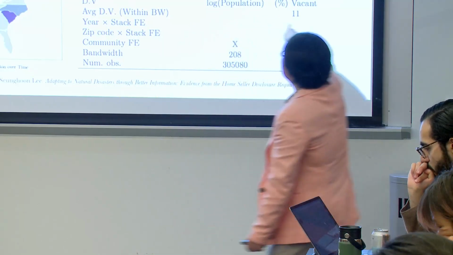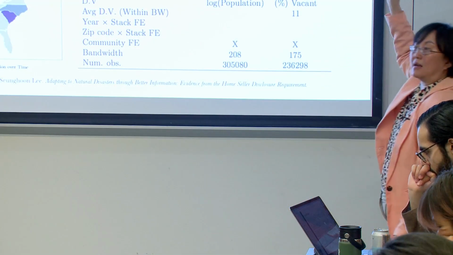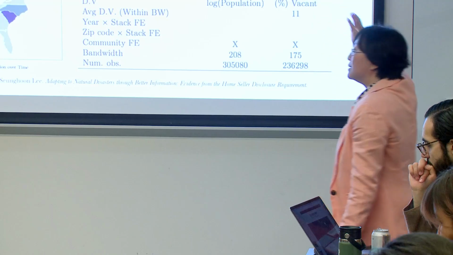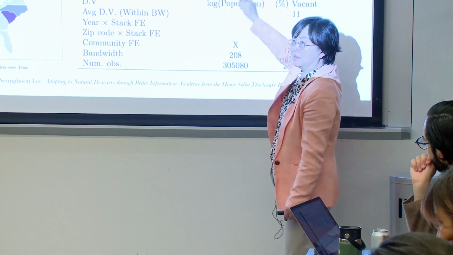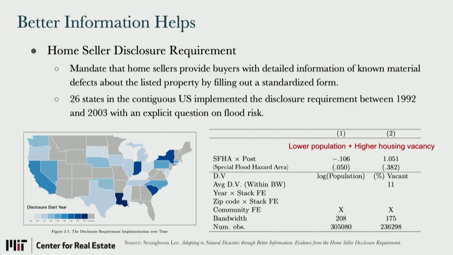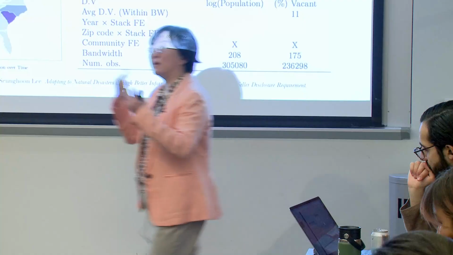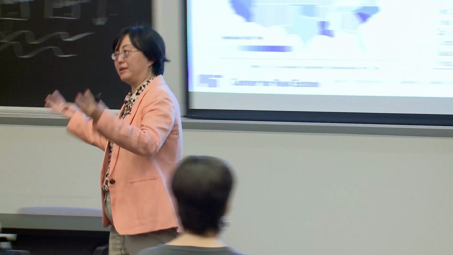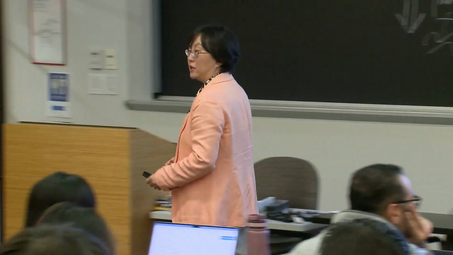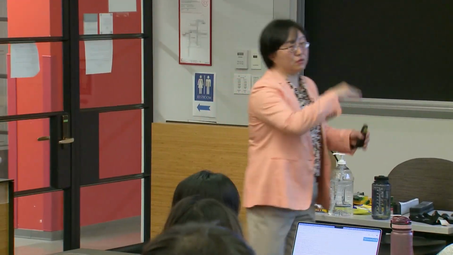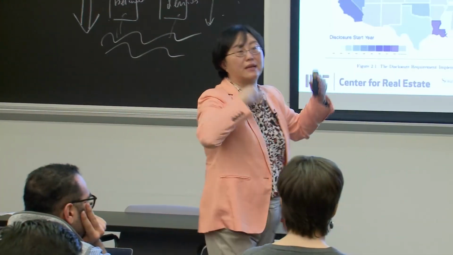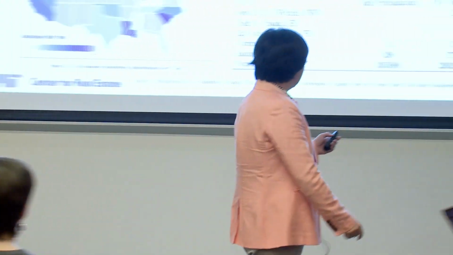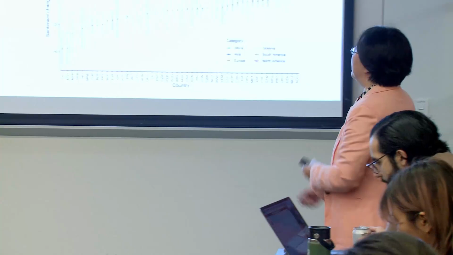In those states and counties with the disclosure implemented, you see these places losing people and higher housing vacancy. So when people see this place is risky, they start to leave, and then the market starts to decline. So that's the information channel. You just give information and let people decide by themselves.